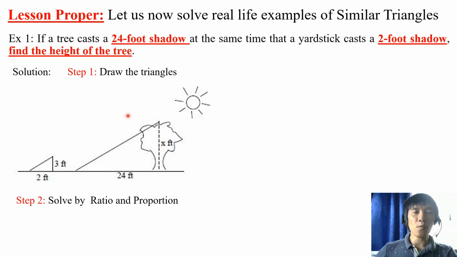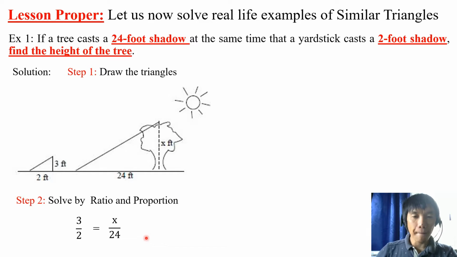Next, we solve it using ratio and proportion. Just like in our review, we use the ratio of 3 is to 2. Take note that since we started with 3, our other ratio will start with x over 24.